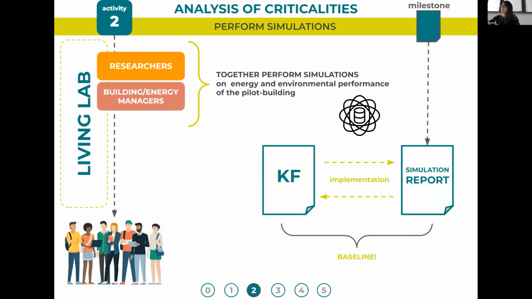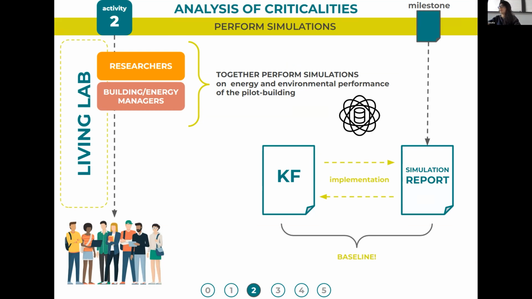The same activity, beyond this more capitalizing operation, also delivers a milestone, that is the simulation report of the specific energy and environmental performance of the pilot building, that, combined with the knowledge framework, allows us to define a more stable baseline.